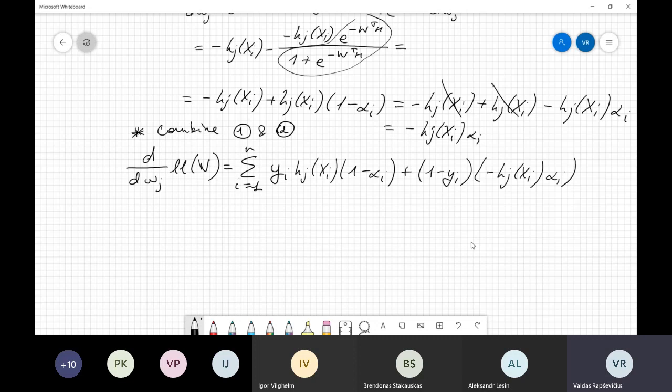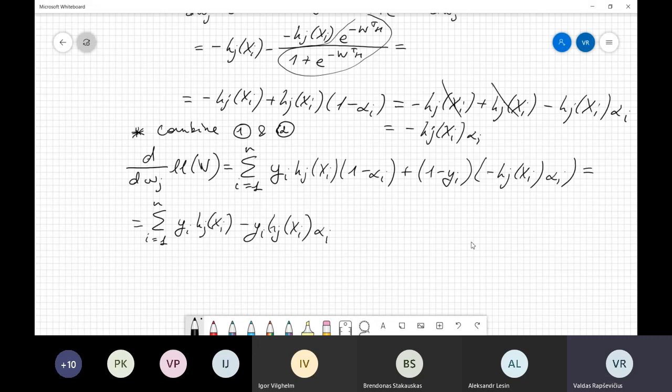Okay, so we have got the full function. Now we can simplify it a little bit, right? So we need to spread it out. This is a sum, so let's divide this inside: hj xi times 1 minus yi, minus hj xi alpha i.